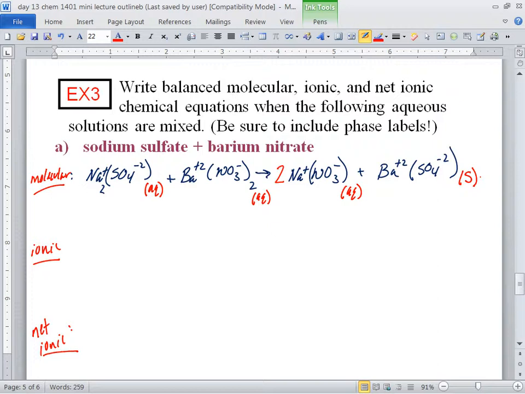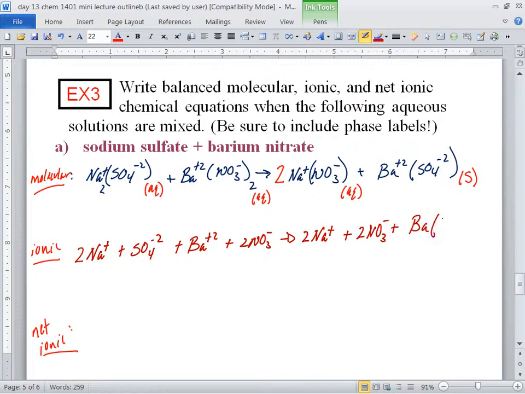And 1 sulfate. Okay, so there's my ionic equation.